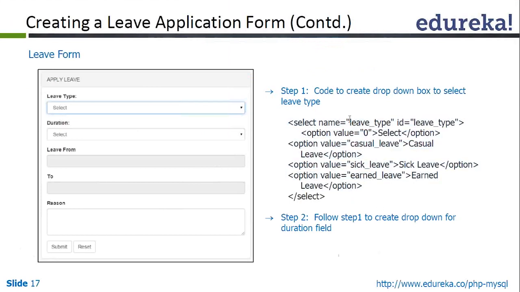Select name, where name is the name of this element, and ID of the element. Option value 0 is the default value, select. Then you can have more values for the drop-down box. Each option is one value for this drop-down box. So we have 1, 2, 3, and the fourth one is the default.